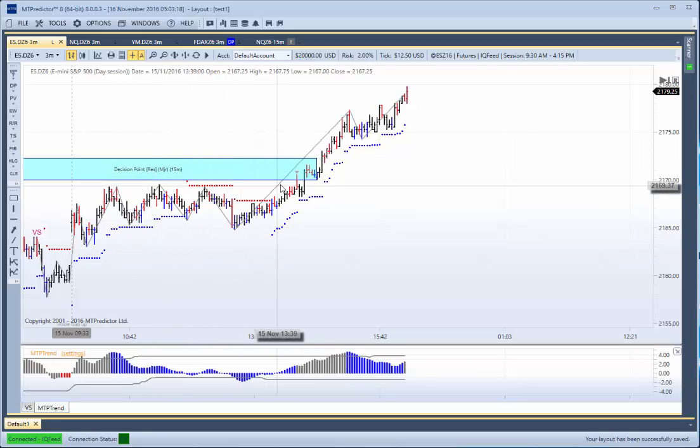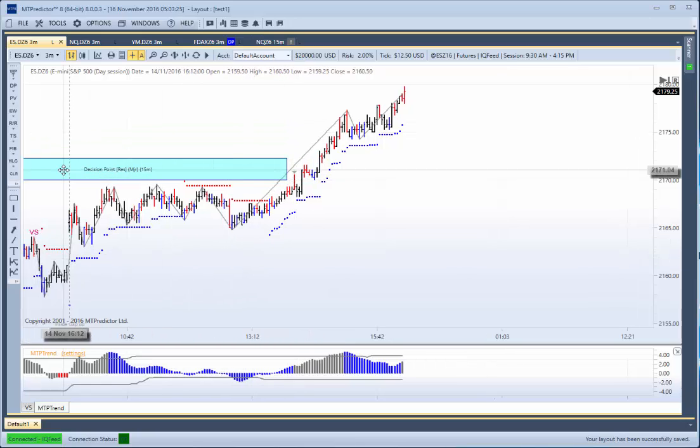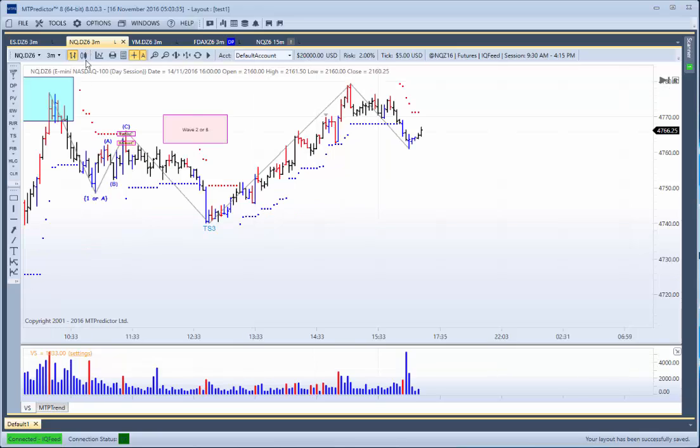The ES didn't reach its level till a lot later in the day, around 2 o'clock. So again, an indication of how more experienced traders could look at the different markets coming in together, particularly with the ES, because it's what we call the boss, because it's the index of 500 shares, where the Nasdaq is only 100.